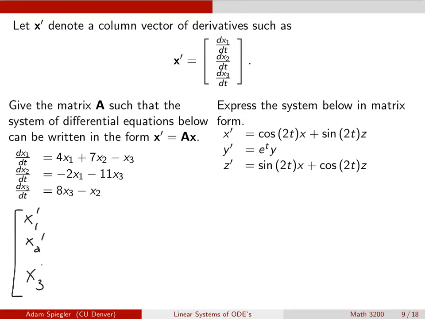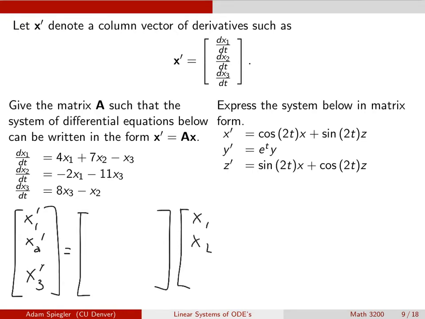So I'm going to use primes instead of the dx dt notation. And that's going to equal some matrix A, should be a 3 by 3 matrix, times x1, x2, x3. So over here is our vector x, and over here is this vector we're calling x prime.